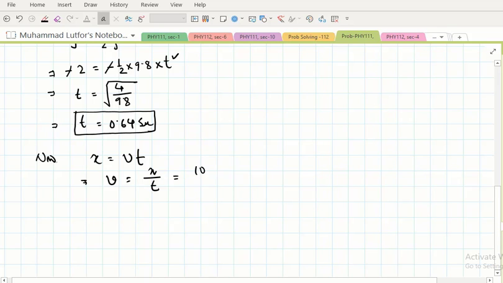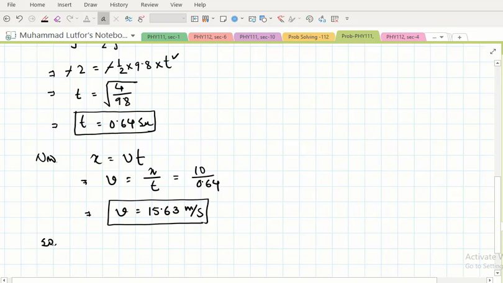X is 10 and t is 0.64, so v would be 15.63 meter per second. This is the speed of the stone.